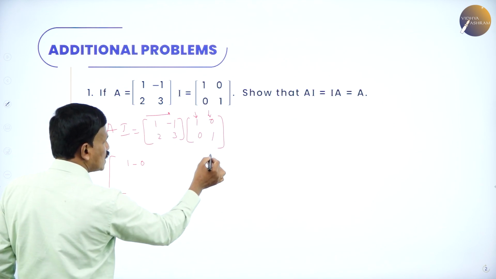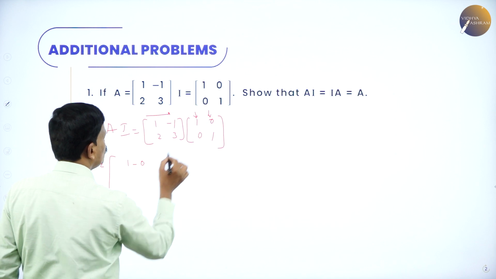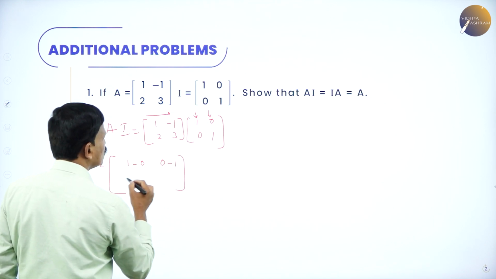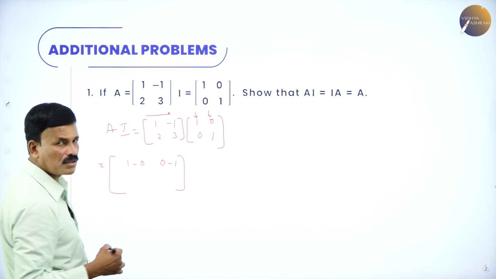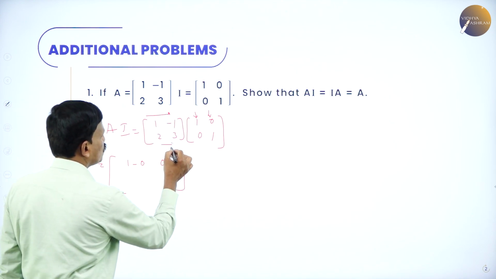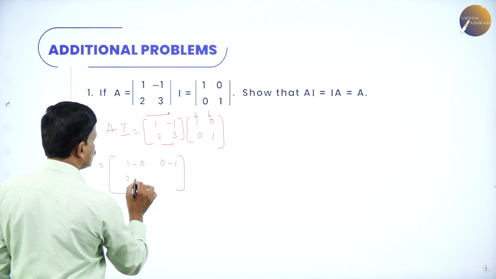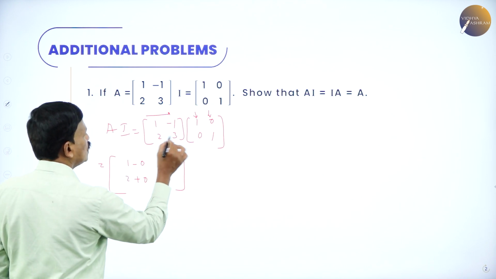First row, second column: 1 into 0 is 0, minus 1 into 1 is minus 1. Next, second row, first column: 2 into 1 is 2, plus 3 into 0 is 0.